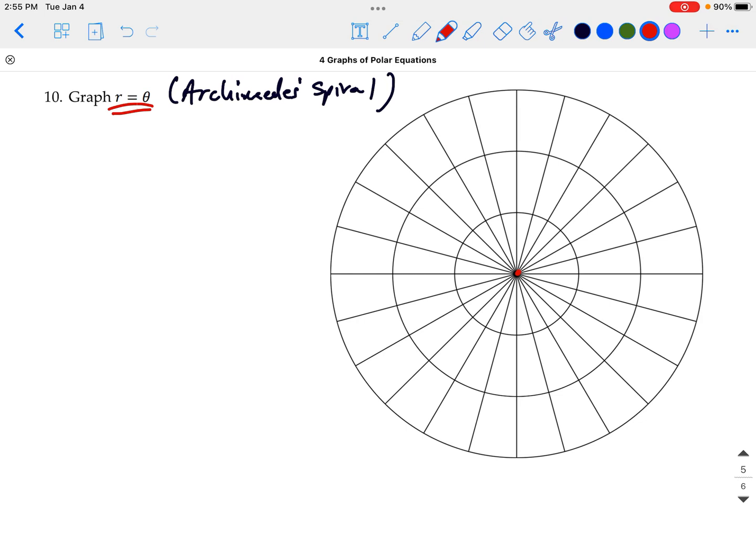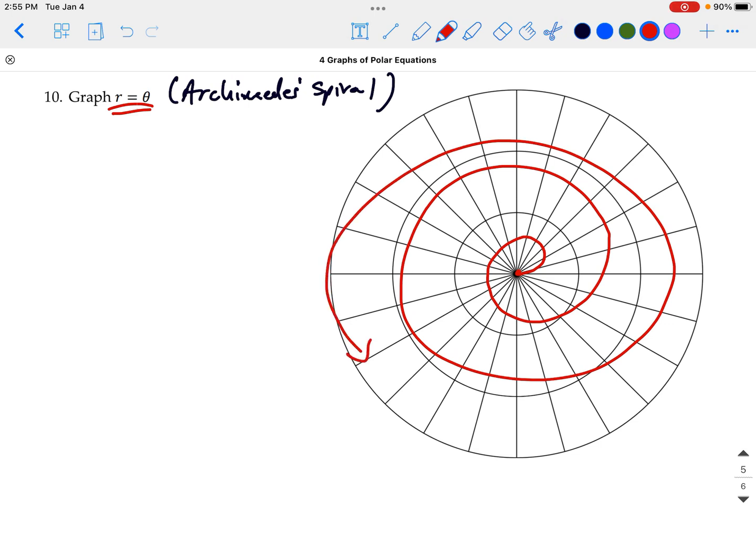So at 0, theta will be at 0 r. But then as we start measuring larger angles, we're going to get larger and larger values. So this graph is going to look like a spiral, kind of going outward. And I'm not going to try to draw it to scale here.